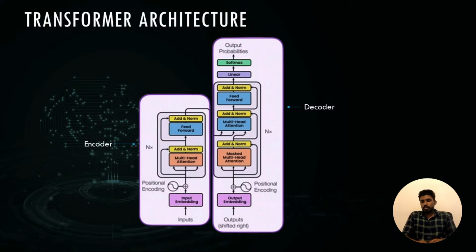The first step of this transformer model is that you give an instruction, like you are asking something from the model. The model first of all takes this sentence and divides it into tokens.